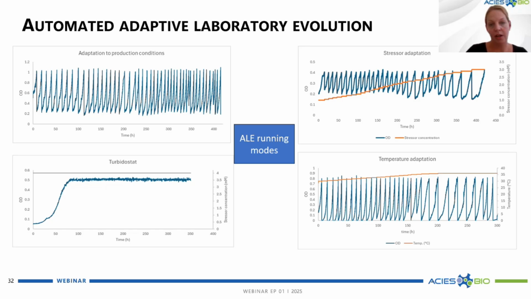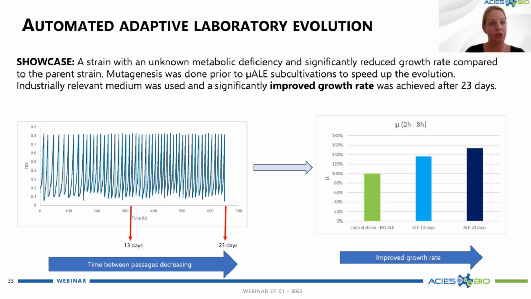And maybe a little bit about the showcases that we have. One was the classical subcultivation ALE. Here we had a strain with an unknown metabolic deficiency and a really reduced growth rate compared to the parent strain. We didn't really know what was wrong, but we used industrially relevant medium, and we wanted to improve the growth of the strain.